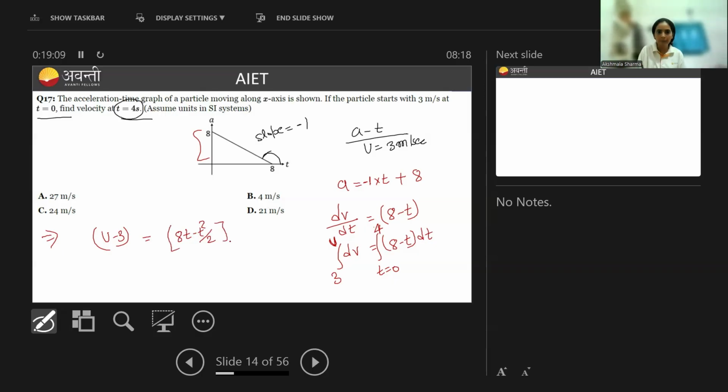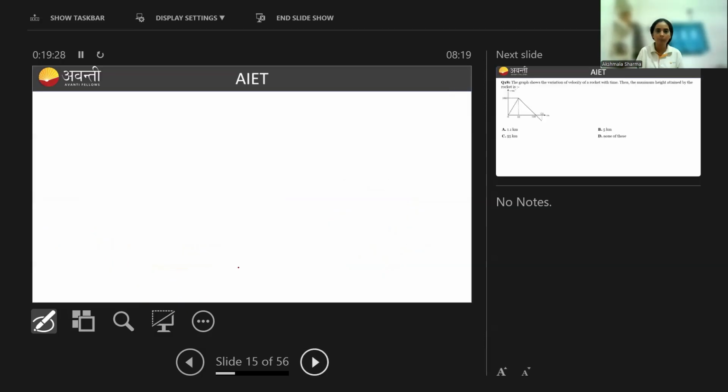And this is 0 to 4. So u minus 3 is equal to 32 minus 8. So this is 24, right? So u is equal to 27 meter per second. So what will be the correct option for question 17? A. So answer is your what? It is A.